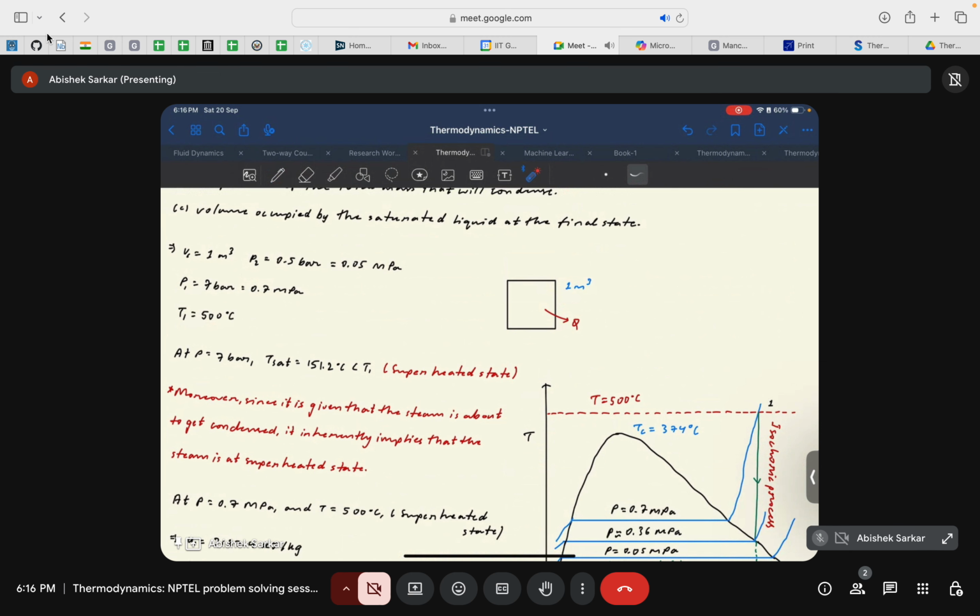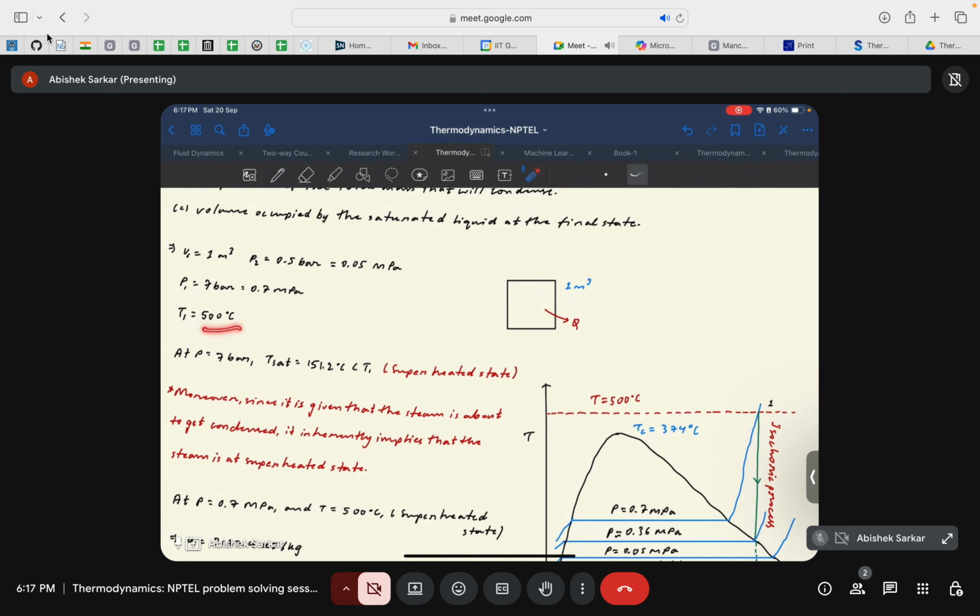Of course there is a hint in the question itself, but still let us try a brute force method to look into whether the steam is at superheated state or saturated state. If you look in the steam table, you'll see that at 7 bar the saturation temperature for steam is 151.2 degrees Celsius, which is less than T1, which is 500 degrees Celsius.